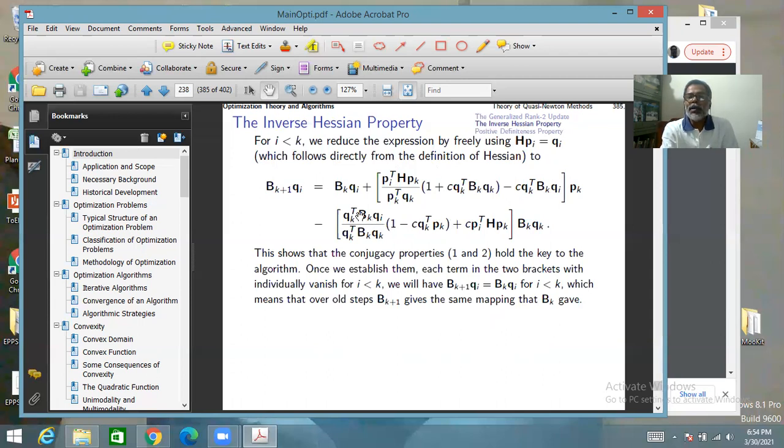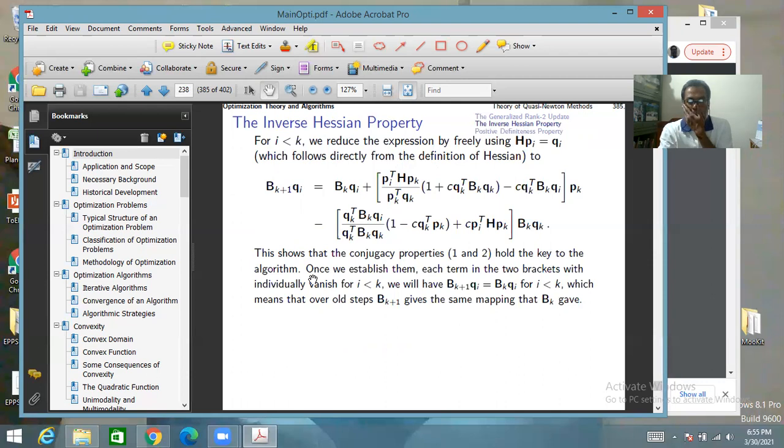And that means that if properties 1 and 2, the two types of conjugacy properties, are settled, then this will be 0, this will be 0, this will be 0, this will be 0. And that means that this entire bracketed scalar coefficient will become 0, and b_{k+1} q_i will turn out to be the same as b_k q_i.